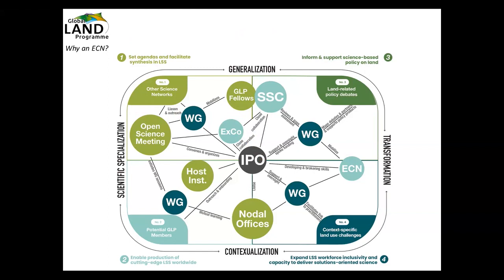So within this spider web, we thought that the Early Career Network was sort of a missing body or entity that can really connect with the other bodies and contribute to achieving our objectives. So that means that we need you, early careers, to achieve our objectives, but we also think that having a formal early career network can benefit you in many ways, can bring a lot of positive things and assets for you.